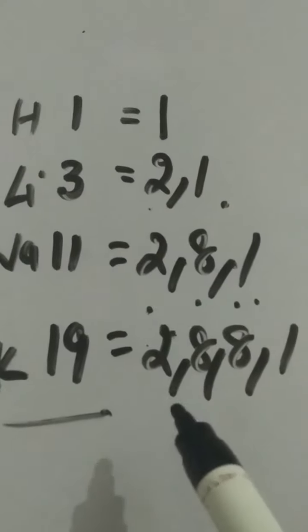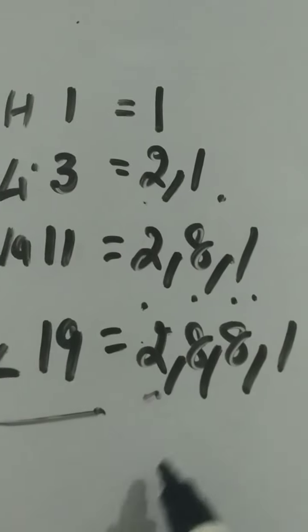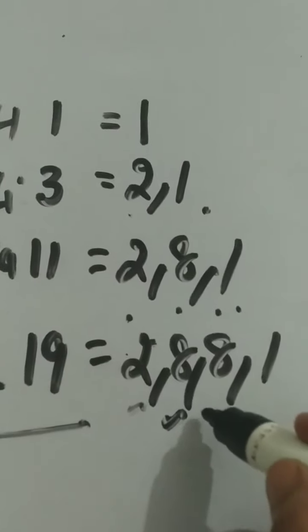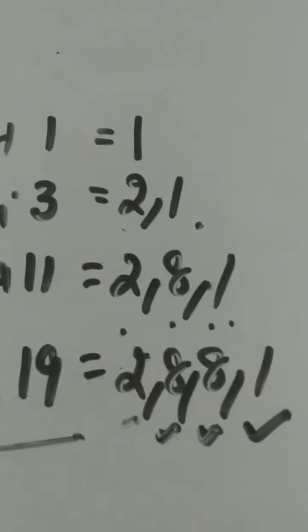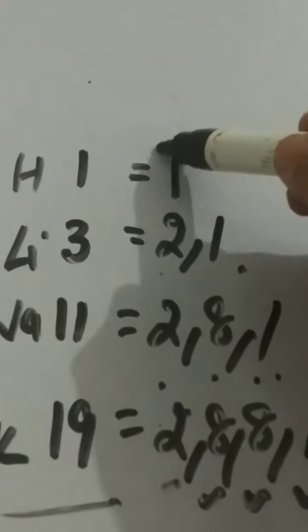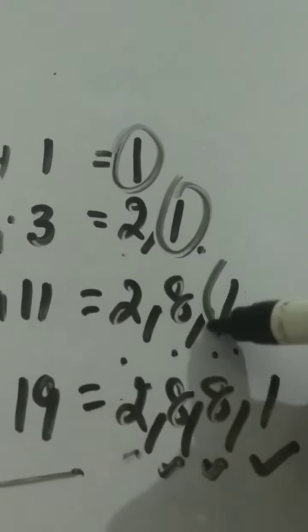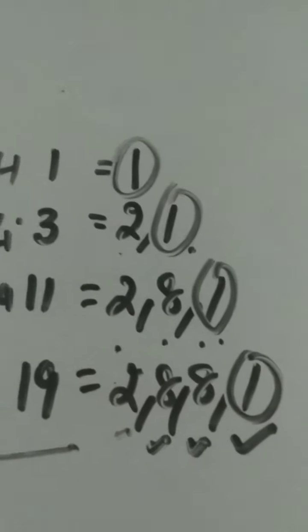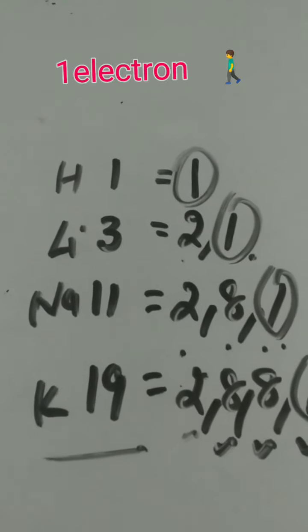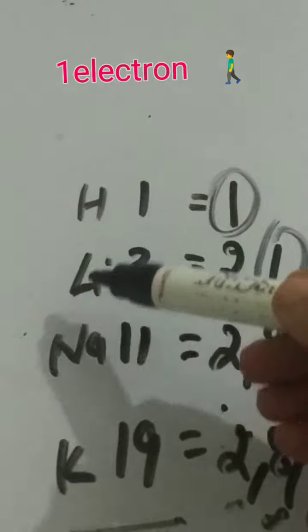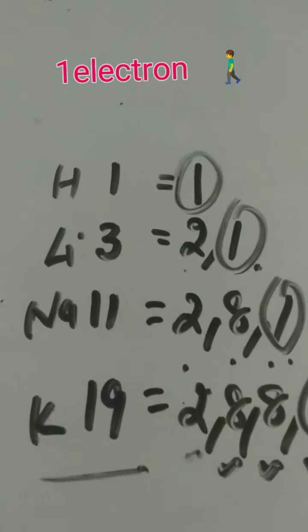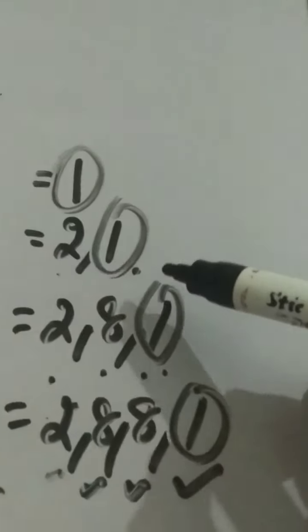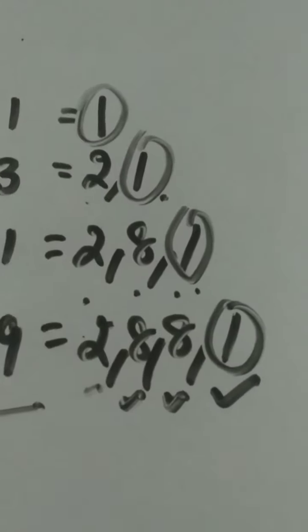Similarly potassium: first shell 2 electrons, second shell 8, third 8 and the fourth shell consists of only 1 electron. So these elements have the capacity to share 1 electron with others. That's why the valency of these 4 given elements is 1 positive.